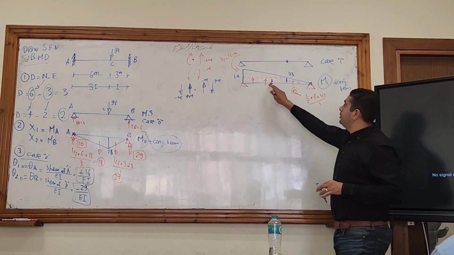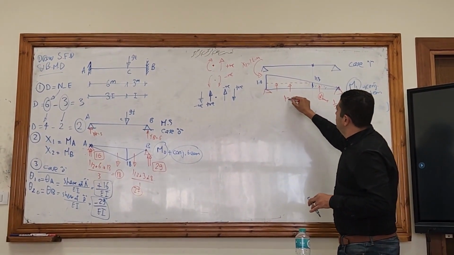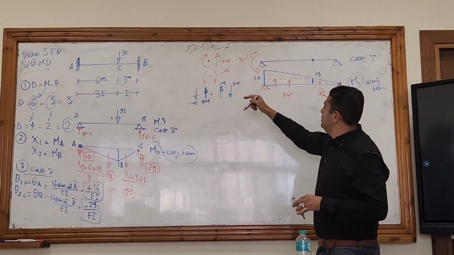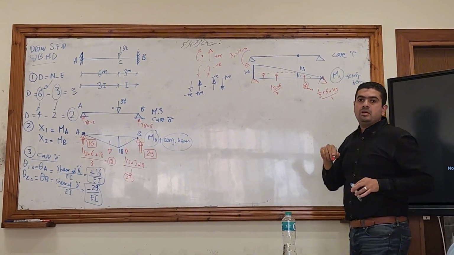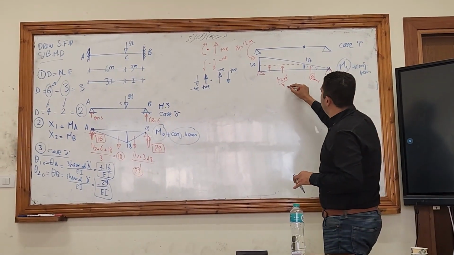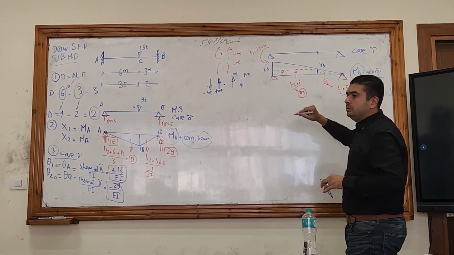The rectangle here, 1/3 times base is 6, divided by the inertia factor, which is 3. I think this will be 2/3, right?